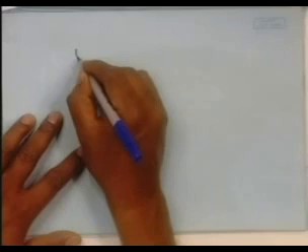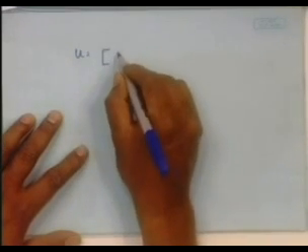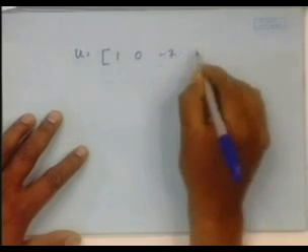So finally, the companion matrix I will define like this. A companion matrix can be obtained by a vector u. Suppose you write a vector u which is representing the coefficients of a polynomial. Suppose I write the vector u to be like this.